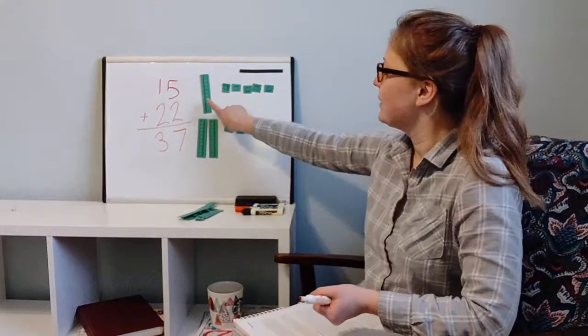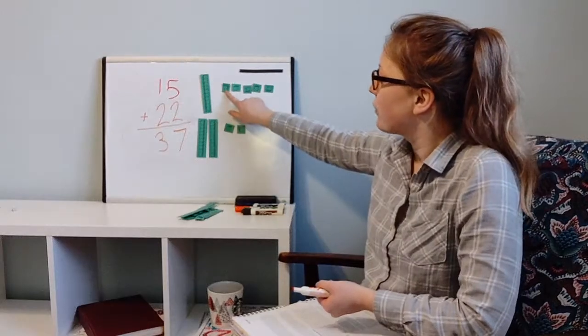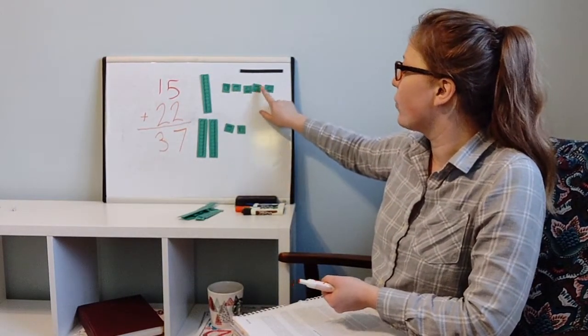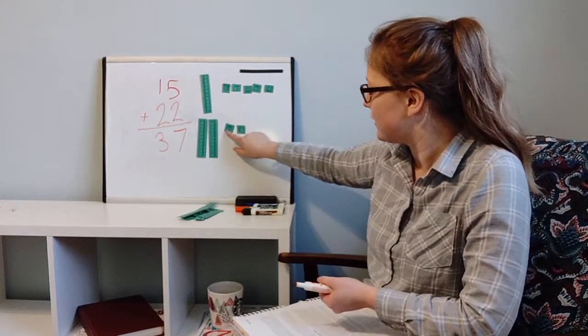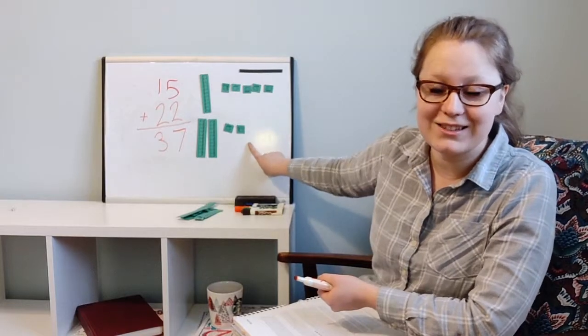Remember, we count these by tens. 10, 20, 30, counting on 1, 31, 32, 33, 34, 35, 36, 37. So we know we got the answer right.